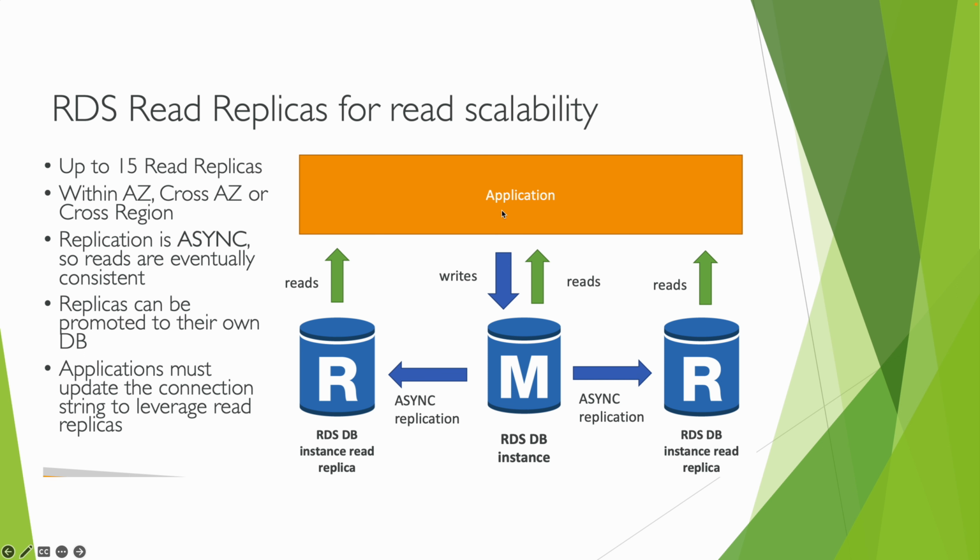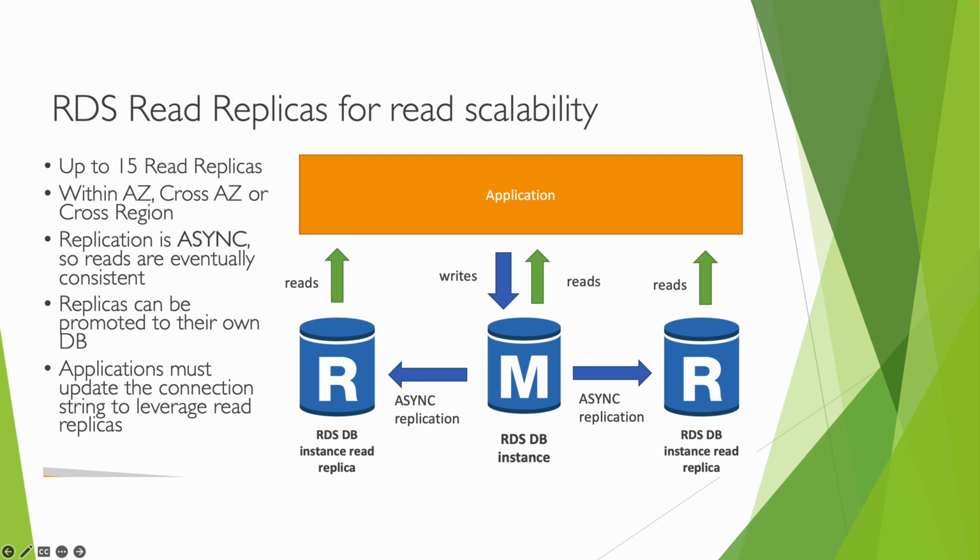If you insert any data in the master instance, it will be automatically replicated to these two read replicas and be available there. This is done asynchronously, so there will be a little lag in getting data into the read replicas from the master after writing data into the master.